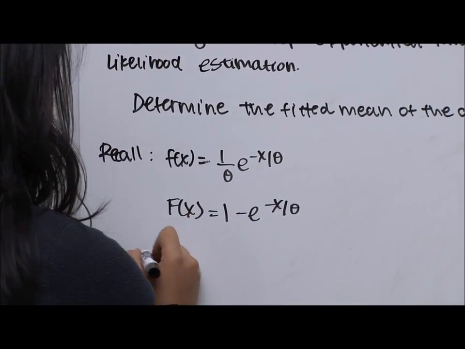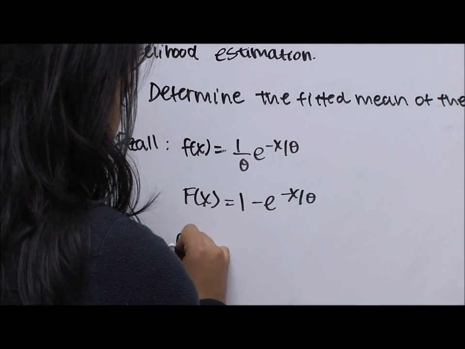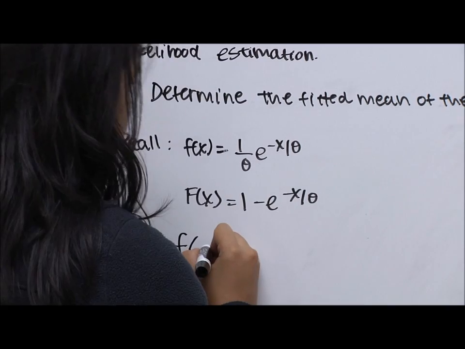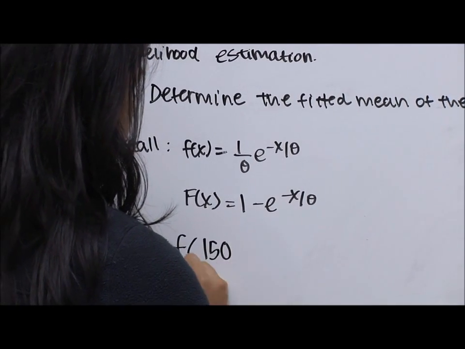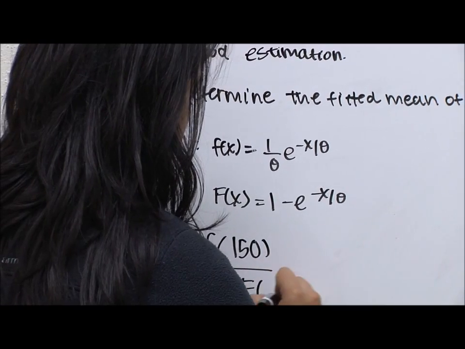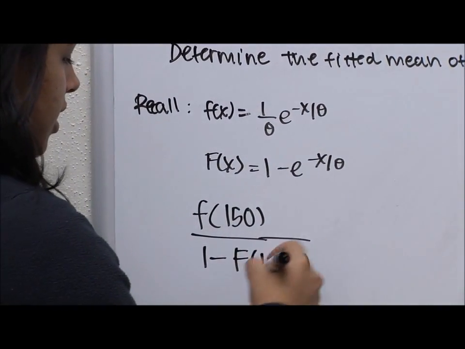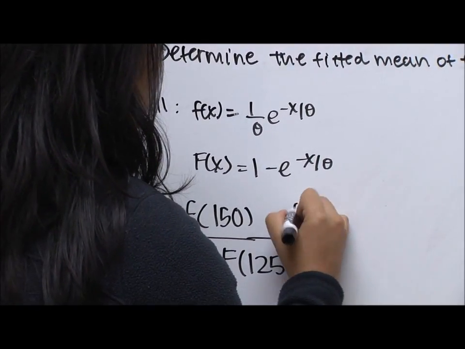Okay, so you first start off by your maximum likelihood estimation function, and that is your loss over 1 minus, and this is what I meant by standardizing, and then you do this for all your losses.